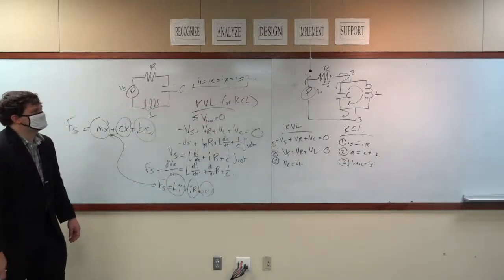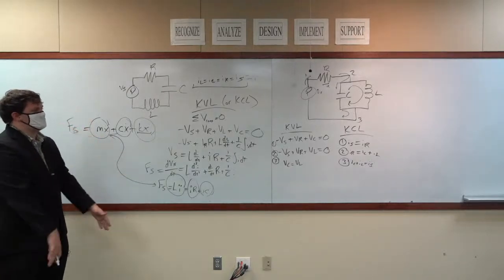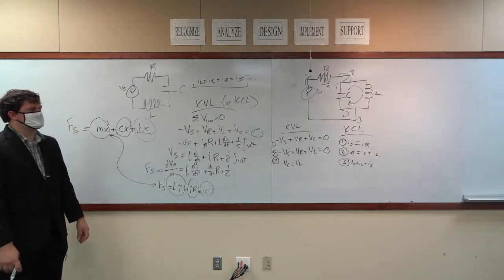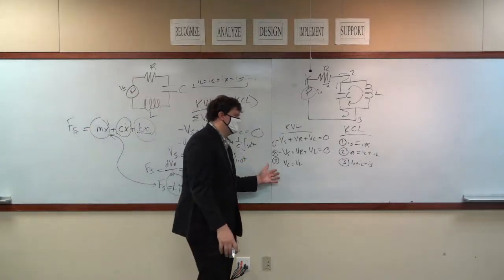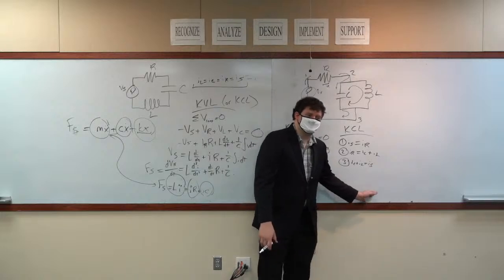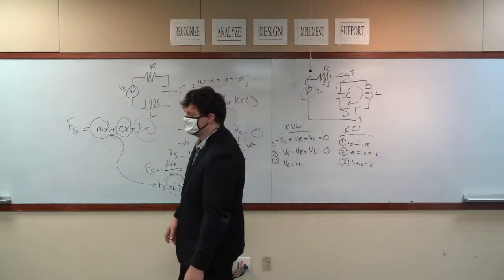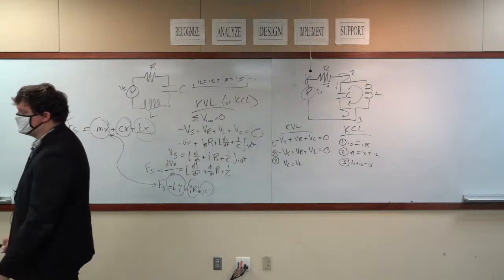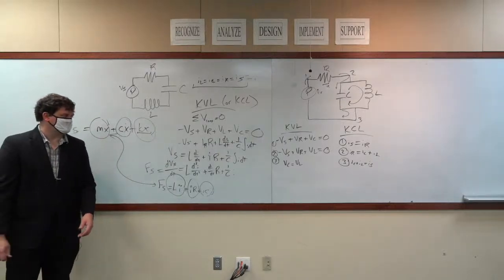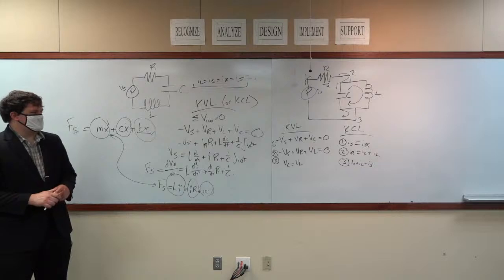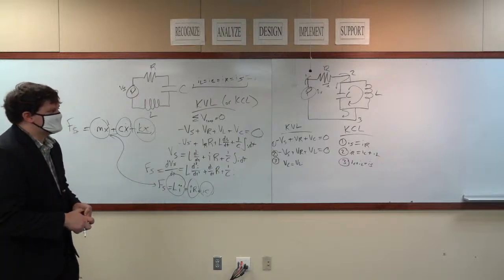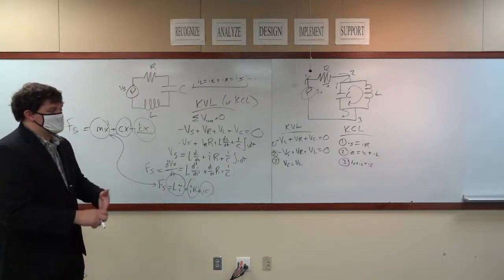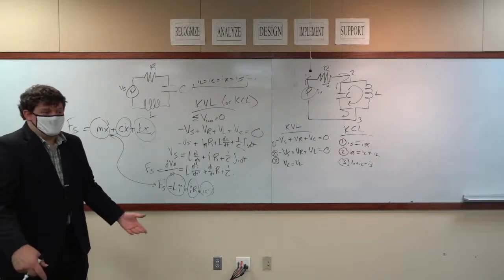All right, so now we have all of the equations that we can use for the system. This is akin to writing out the sum of the forces and the sum of the moments. That's it. So if we wanted to solve for the voltage across, say, the capacitor, how would we do that?